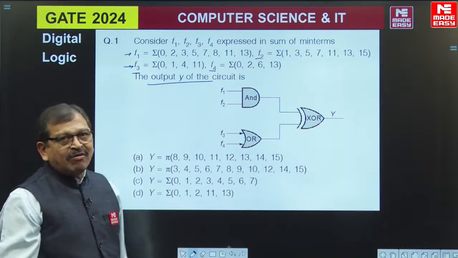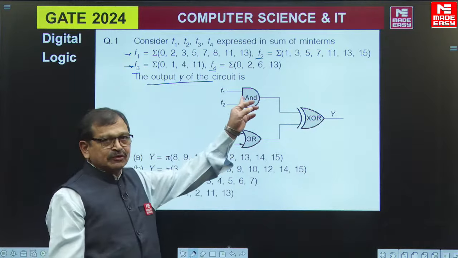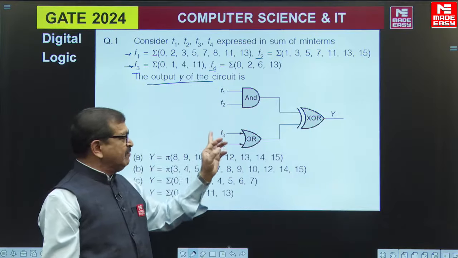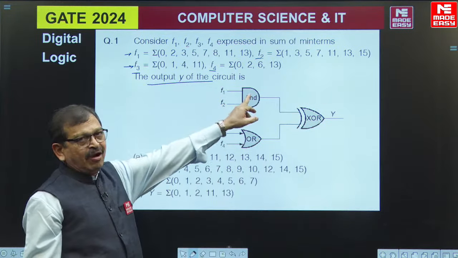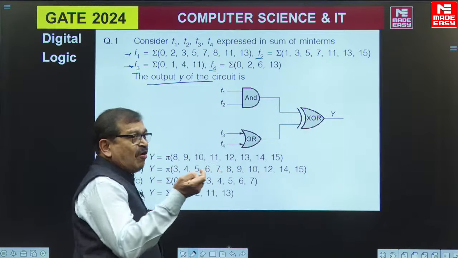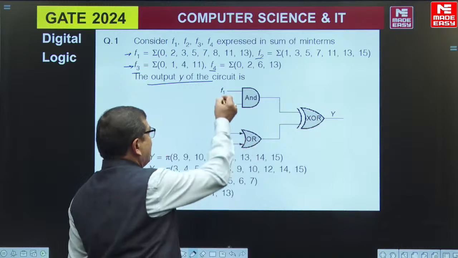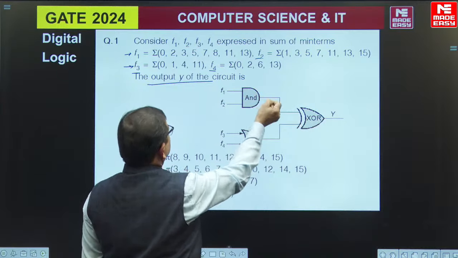From the knowledge of AND gate operation and OR gate operation, it is possible for us to read what is the output from this AND gate and from this OR gate. Once we have the AND operation, it is intersection. So whatever combinations are common among F1 and F2 come out from the AND gate.